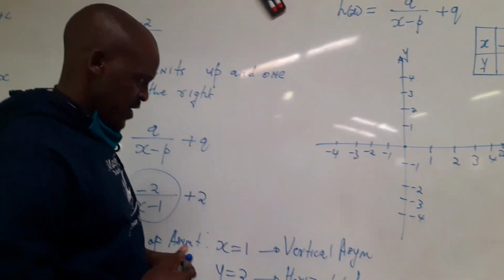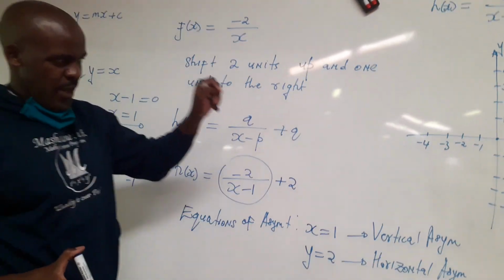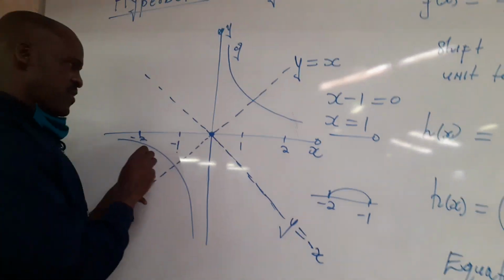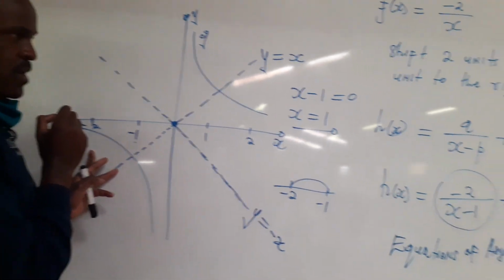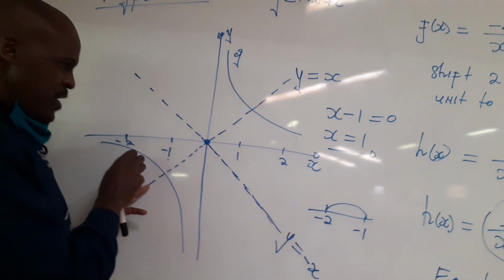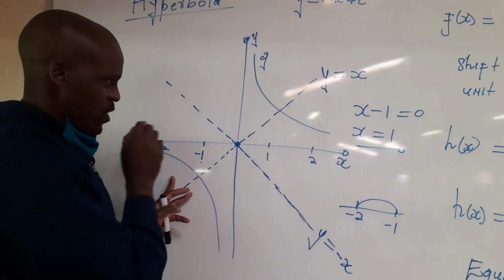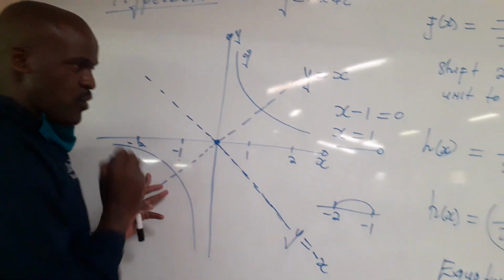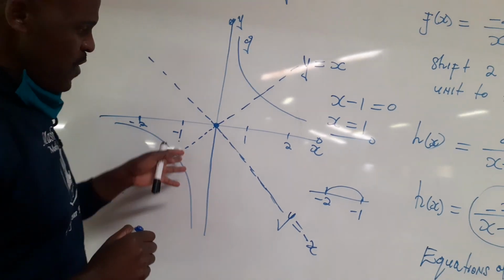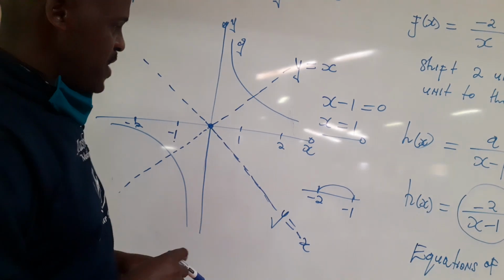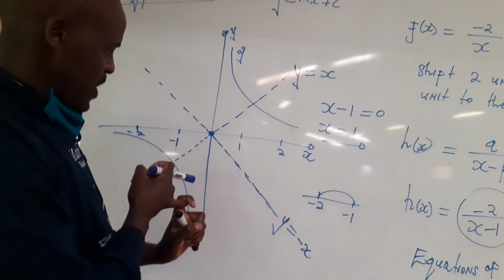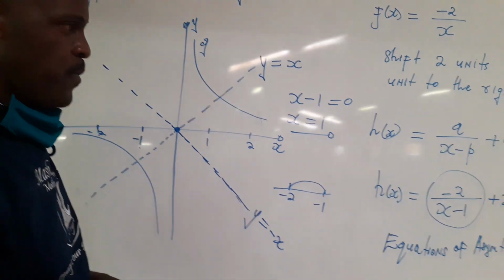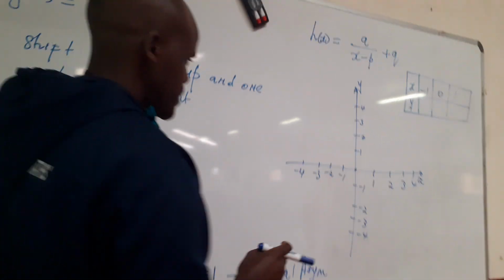The most important thing, if you are to sketch a hyperbolic function, number one, remember, it will reflect like that. It's on the third quadrant and first quadrant, or second quadrant and the fourth quadrant. Right. So if you are to sketch this, you need to find, number one, x and y intercept, and then you indicate the asymptotes. That's what is very much important.